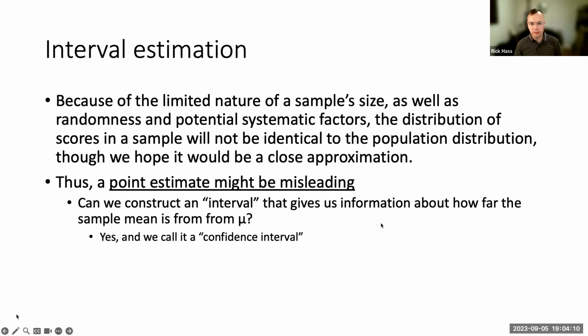It turns out we can construct an estimate that gives us a sense of our uncertainty, and that's called a confidence interval. Before we do that, we want to think about and derive, well, what are the properties of this distribution of sample means? That's going to be a question that we need to answer for every statistic that we have. We're just going to use the sample mean to work on it.